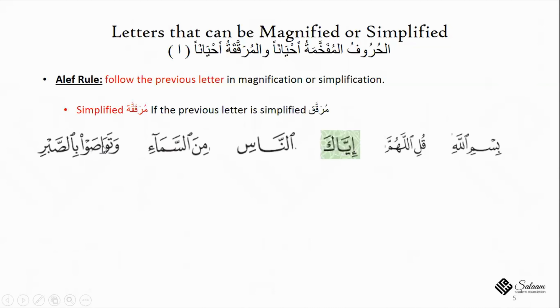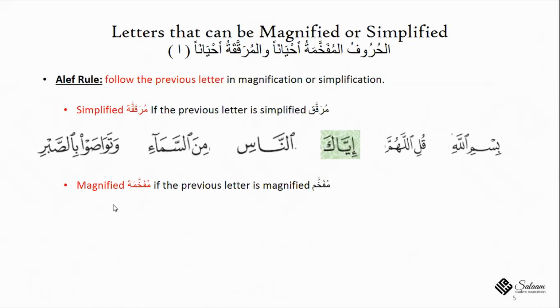The alif here should be simplified. وتواصوا. Why? Because the letter before it is simplified, muraqqaq. The letter before it here is the meem, simplified. Here the noon, simplified. Here the ya, simplified. We only have 7 letters magnified, guys.